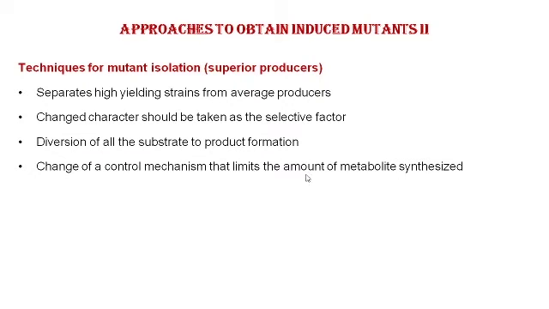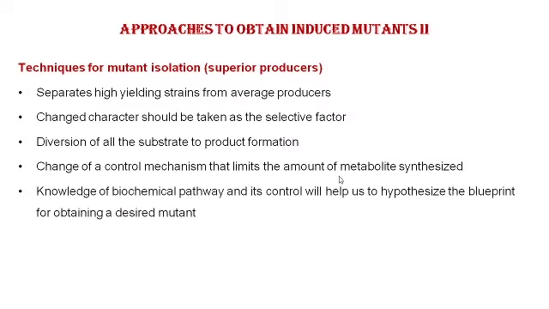The cell has its own regulation as to how much of a metabolite a microorganism will synthesize under particular conditions. And so, under natural conditions, a microorganism cannot overproduce a metabolite. Due to our mutation program, if there is a change in this control mechanism such that this limit has been crossed or is no more obeyed, then more of the metabolite will be synthesized.